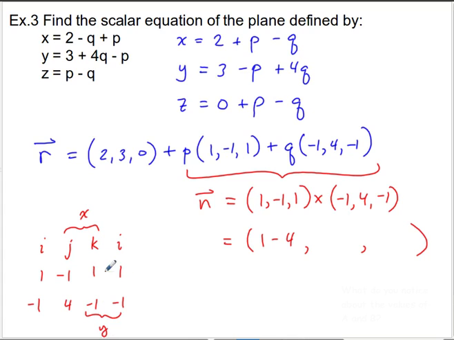That's 1 times negative 1 is negative 1, minus 1 times negative 1, but that's minus a negative, so that's going to be plus 1. And then I get my z component from here. 1 times 4 is 4, minus negative 1 times negative 1 is positive 1, so that's going to be minus 1. And I end up with negative 3, 0, 3. And so there's my normal vector.